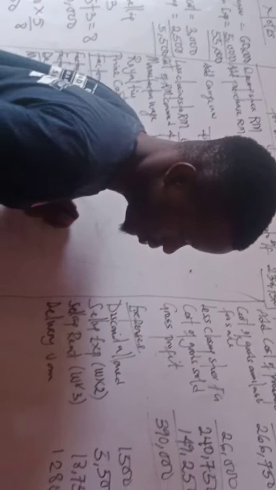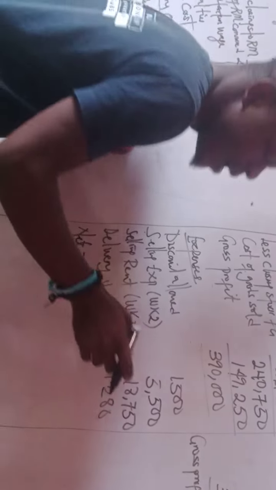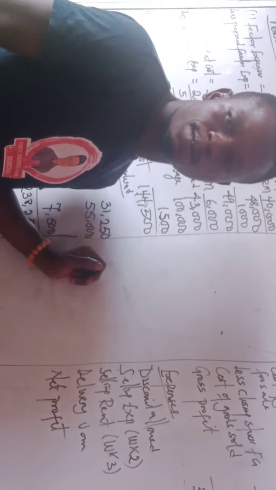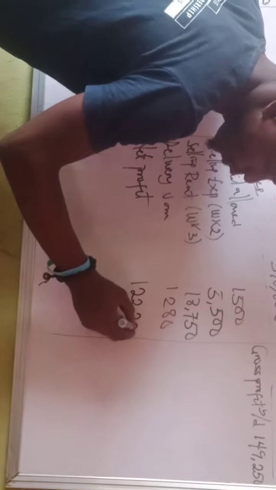Right, so let's sum this all up. So 27,010 in total. Alright, less it from your gross profit, so we have our net profit, 122,240.